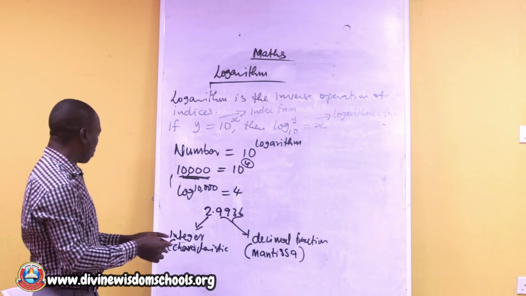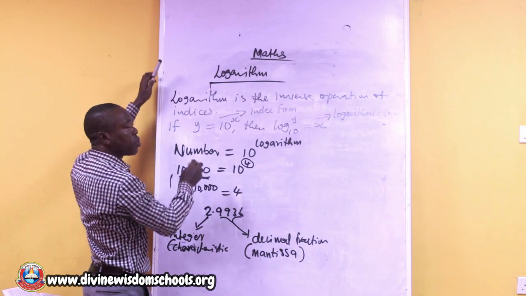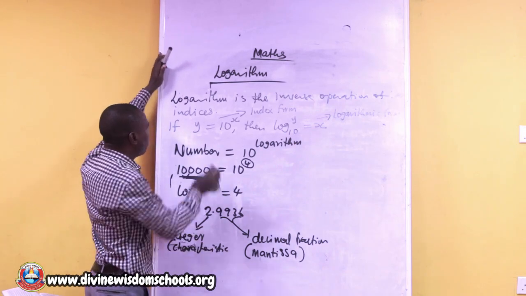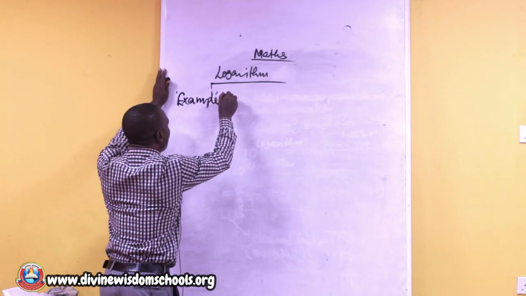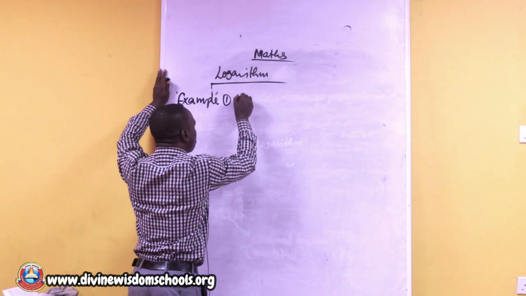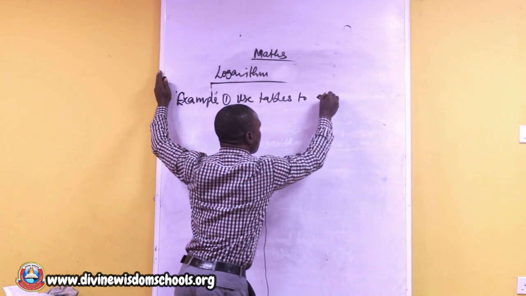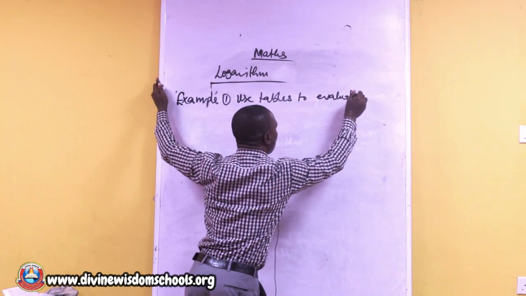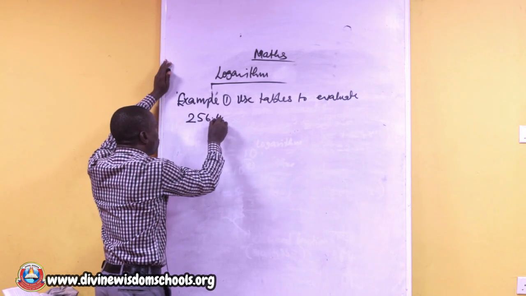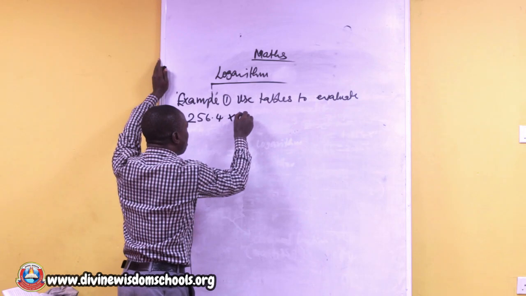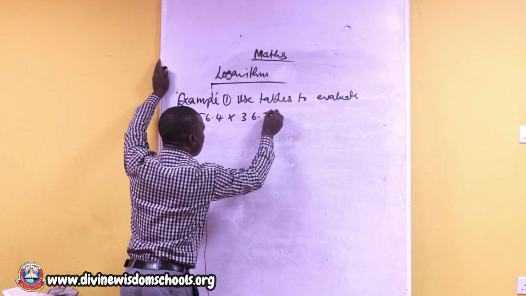So having said that, let's quickly pick an example to demonstrate how to use the logarithm table to solve an operation. I have a question here, example 1. Use tables to evaluate 256.4 times 36.75.